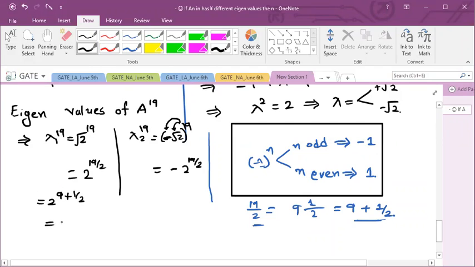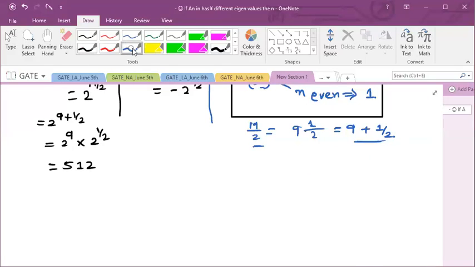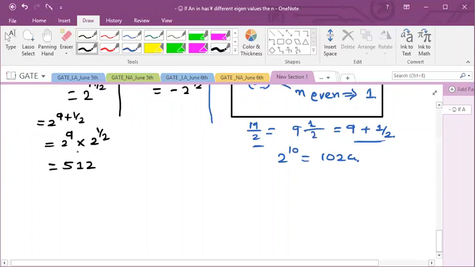And in the exponent, you know that I can write this as 2 to the power 9 into 2 to the power half, right? Because a to the power m into a to the power n becomes a to the power m plus n. 2 to the power 9 is 512, because you know 2 to the power 10 is 1024. So 2 to the power 9 is 512 and 2 to the power half is root 2, so 512 root 2. This can be your lambda 1 or first eigenvalue.